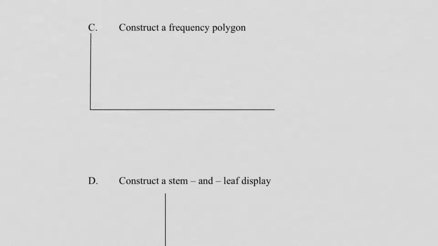So let's set this up again. We have 27, 28, 29, 30, 31, 32, 33, 34. Then we have 1, 2, 3, 4, 5, 6, 7.